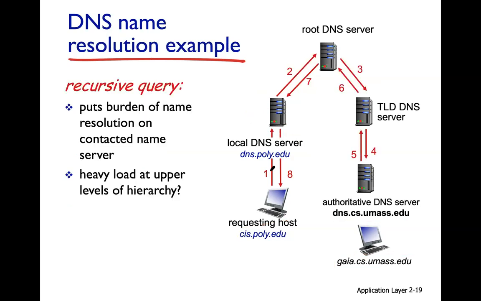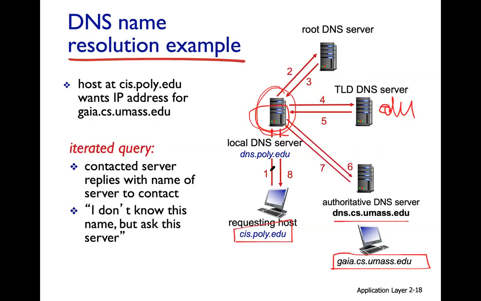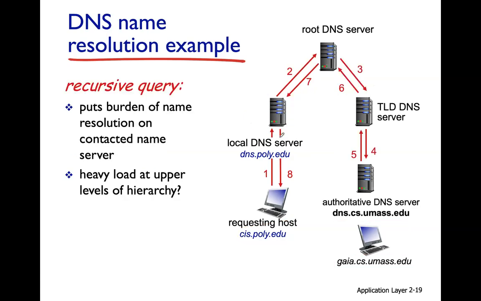Another way is called the recursive query. Instead of letting the local DNS server be too busy, it will send a request, and it keeps sending requests until a server can answer what the IP is. Then it goes back through this recursive calling, tracing back, and gives the IP address.